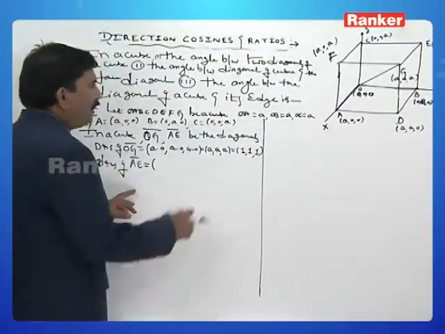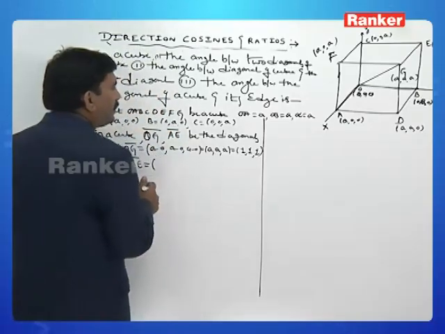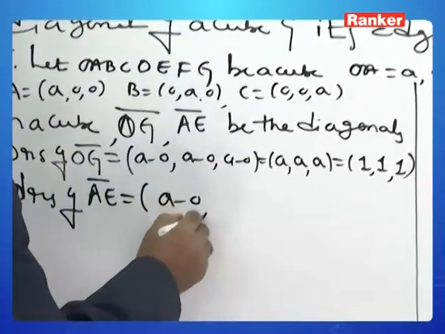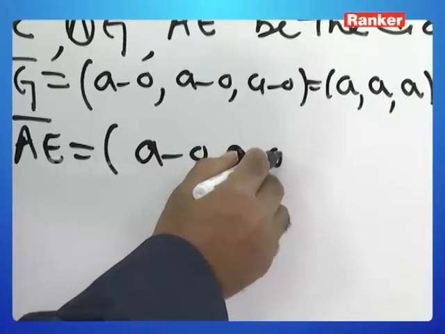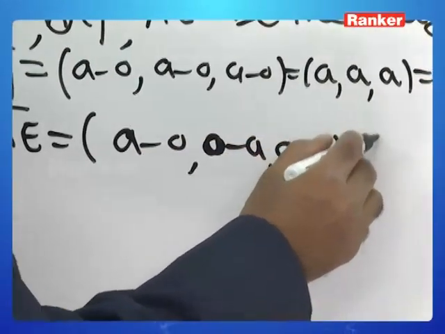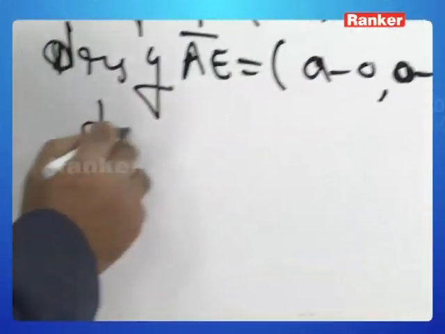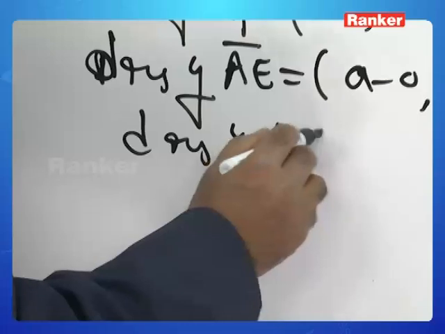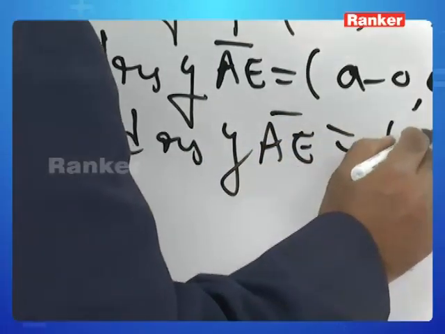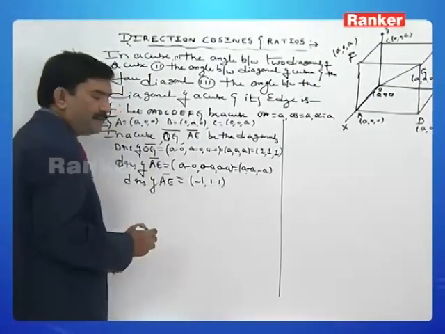So AE is 0 minus a, a minus 0, a minus 0, that is minus a, a, a. Therefore the DRs of AE bar I can write as minus 1, 1, 1.